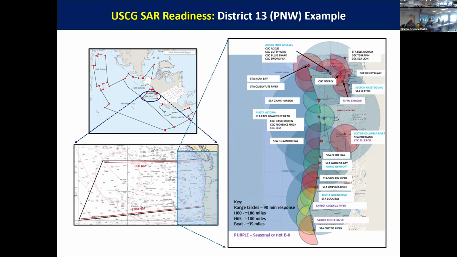We can never predict every scenario. It's like your local fire department tries to strategically place the fire stations so that they are best poised to respond. But you'll notice for our range rings there, that's a 90-minute response time with both small boats and helicopters. That slide on the right is about 200 miles offshore, but it goes far further than that for our responsibilities.